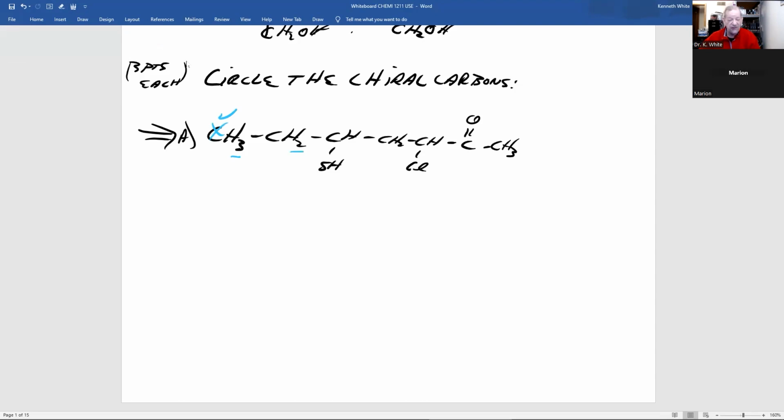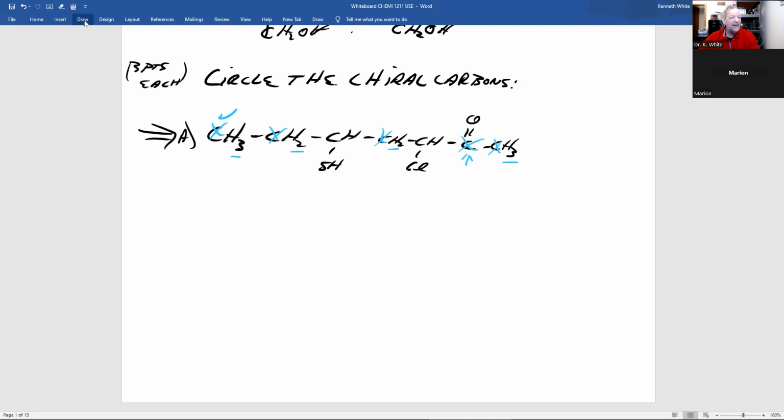This has 2 hydrogens, this is out. This has 2 hydrogens, it's out. This has 3 hydrogens, it's out. If it's in a double bond, either with another carbon or oxygen, it's out.